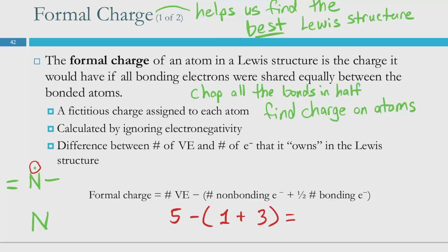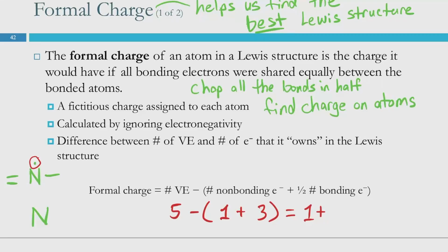It would end up with a 1 plus. The reason it ends up with a 1 plus is because I forgot about the octet rule coming up with the example. So in this case, nitrogen would get a positive charge.